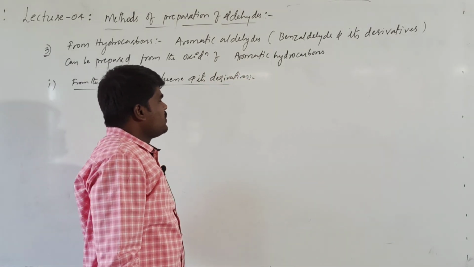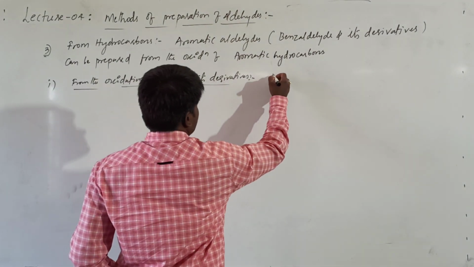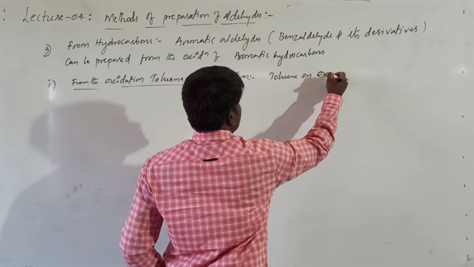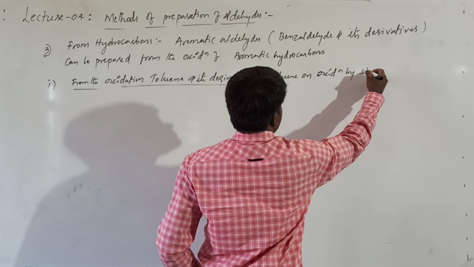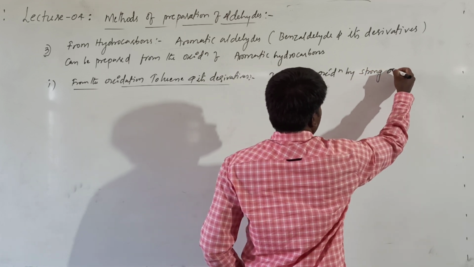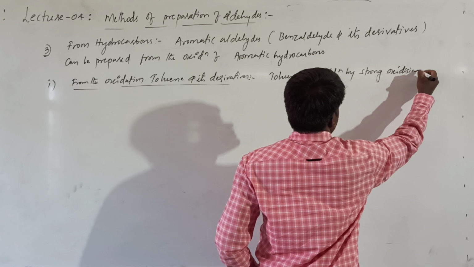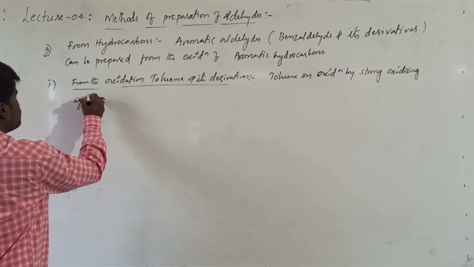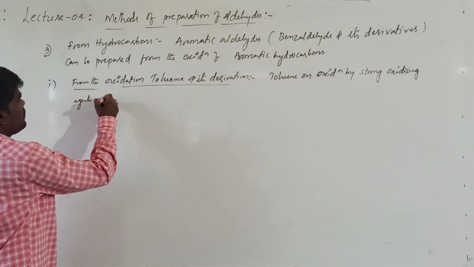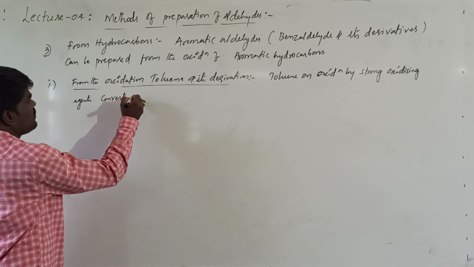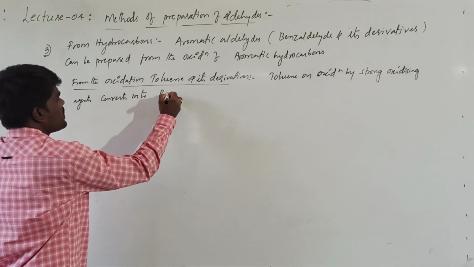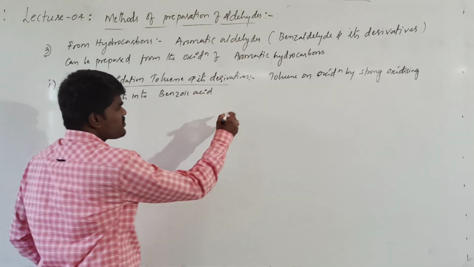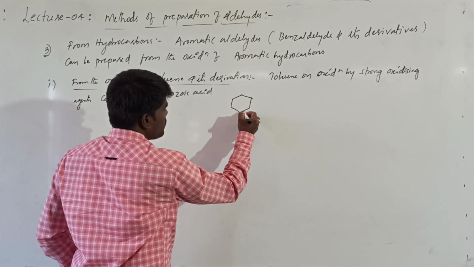Toluene on oxidation by strong oxidizing agents converts into benzoic acid. What is meant by toluene? Methyl benzene is called toluene.